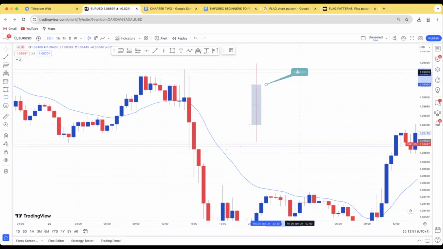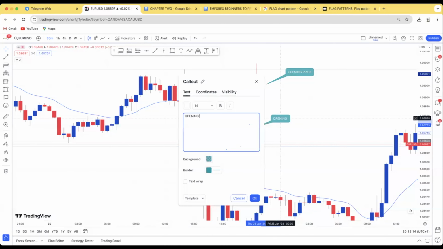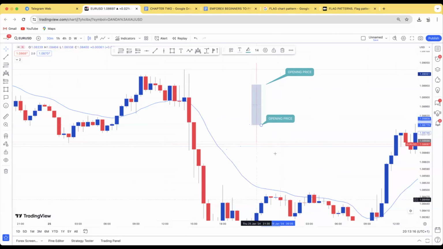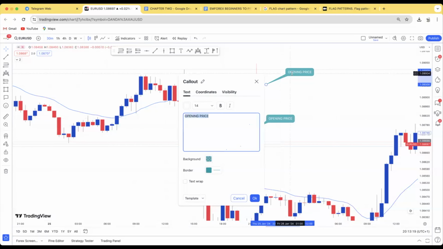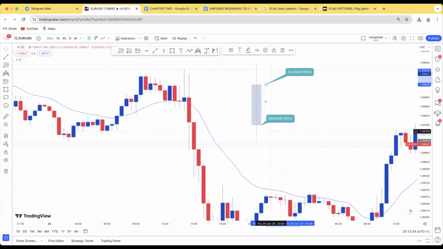For a bullish candlestick, we have the opening price at the bottom and the closing price at the top. Remember, a bullish candlestick is a candlestick that is going up, with the closing price at the top. So if a candlestick closes above the open, it opened here below.